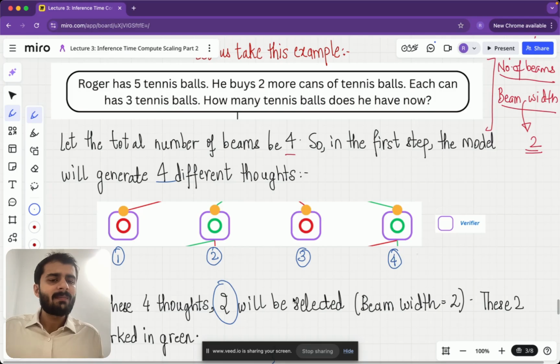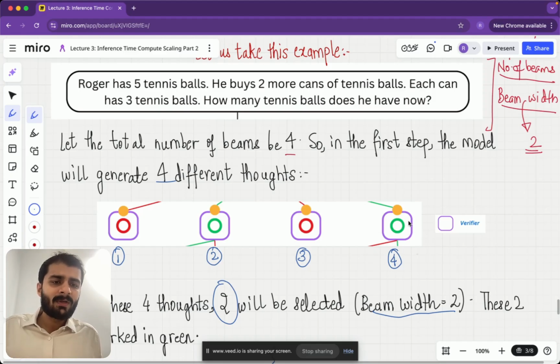Why two? Because the beam width is 2. Remember how in the previous example also we selected 3 in each layer? Exactly with the same intuition, we are going to select 2 in each layer. These two are marked in green here. So we are going to eliminate thought number 1 and thought number 3, and only choose thought number 2 and thought number 4.